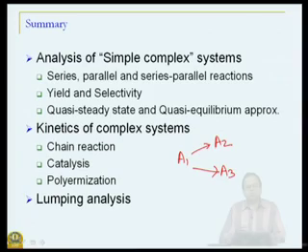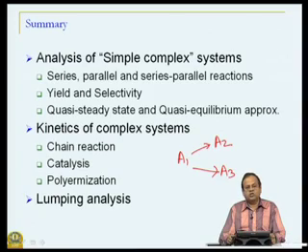Now, using these two ideas of quasi steady state and quasi equilibrium approximation, we looked at the kinetics of a few types of reactions, namely chain reactions, catalysis, some polymerization reactions and so on.